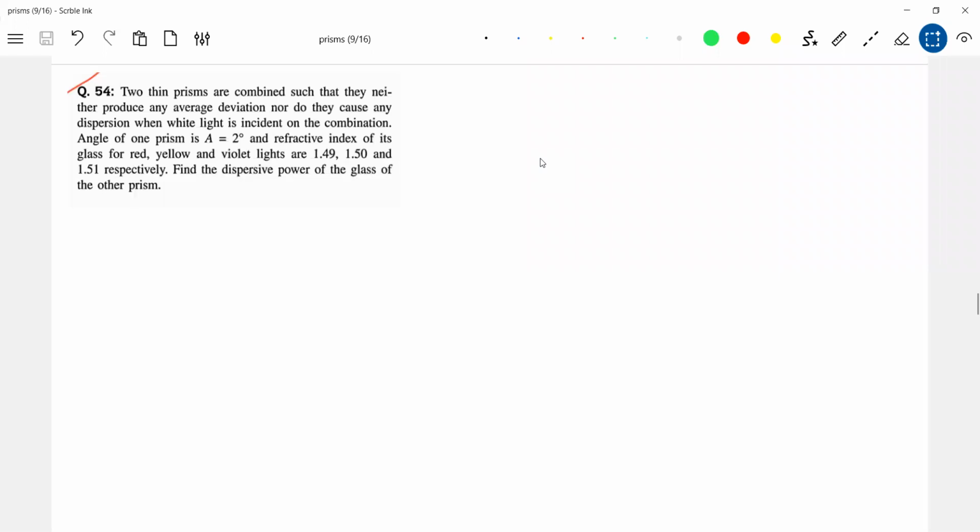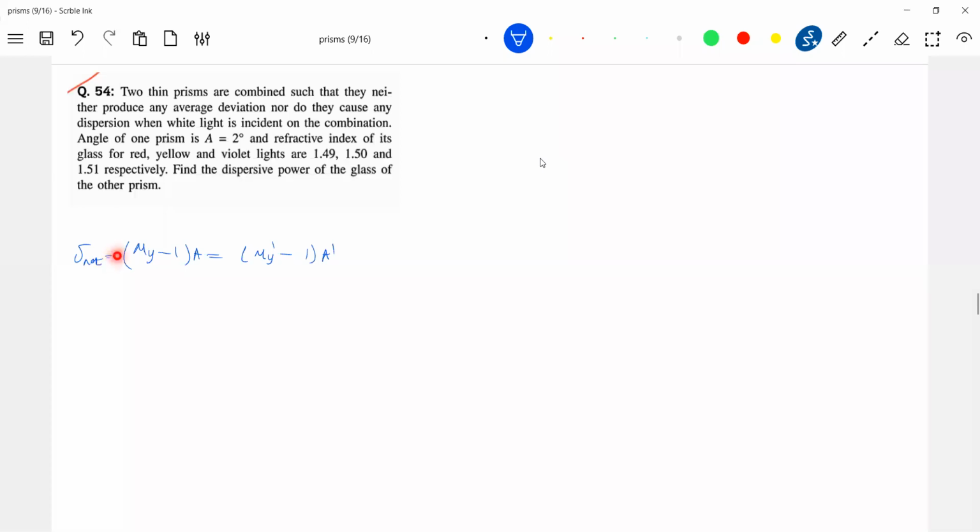So for the two prisms, first we'll begin like this: mu y minus 1 into A is equal to mu y dash minus 1 into A dash, since the net deviation is 0.